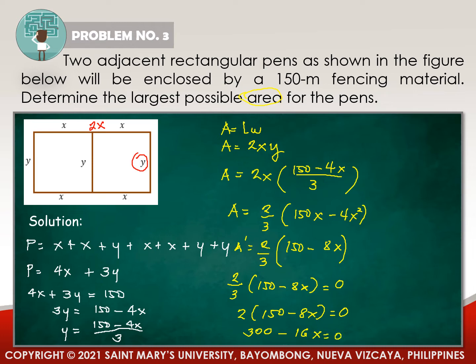So, meaning we have 16x is equal to 300. So, 300 divided by 16 is equal to what? Calculator. We have 300 divided by 16, 75 over 4. So, we have 75 over 4. Yan ang x natin.